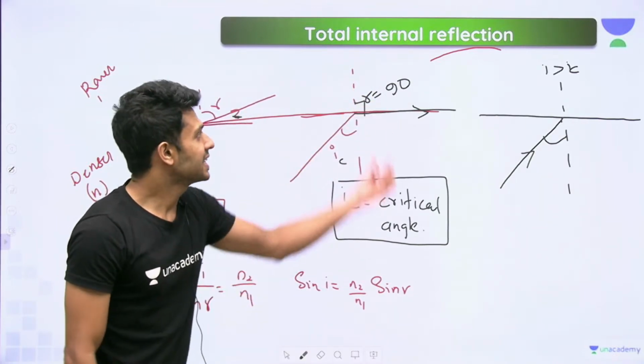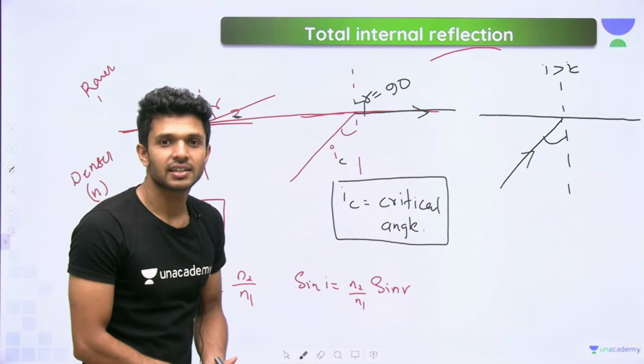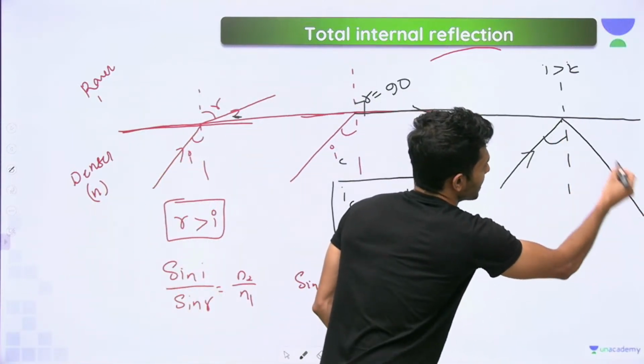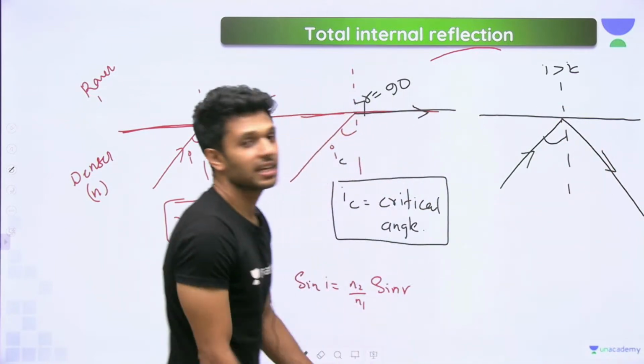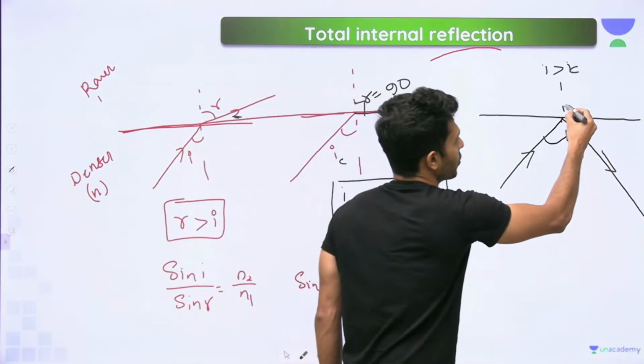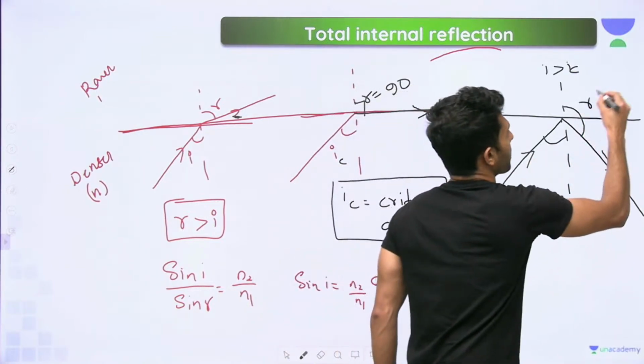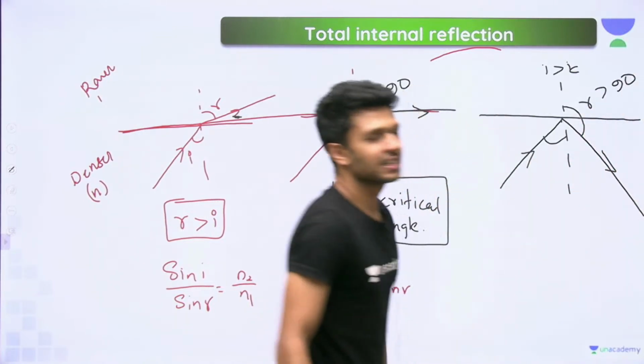If r again increases beyond 90 degrees, what will be happening? How will it be moving? It will be just reflected back into the same medium, because that is the only possibility for r to have a value greater than 90.